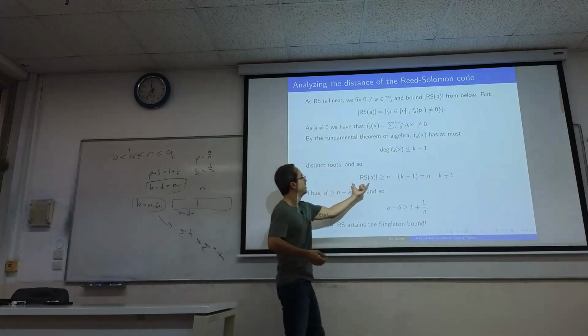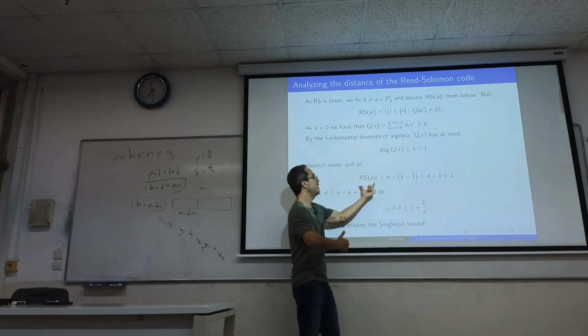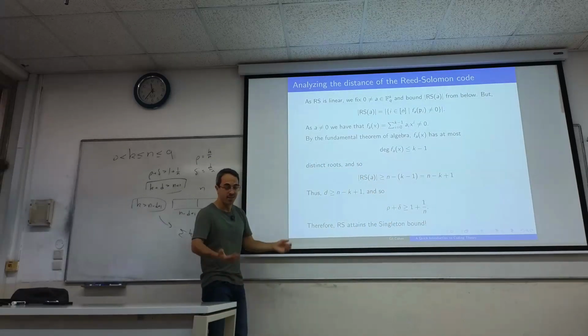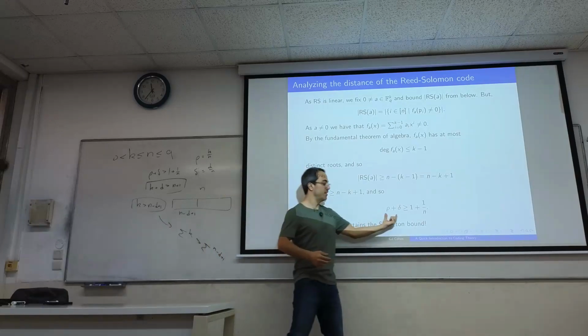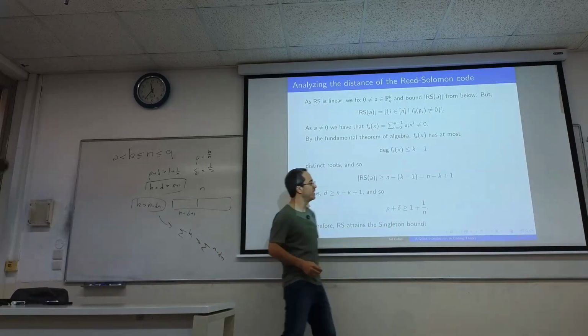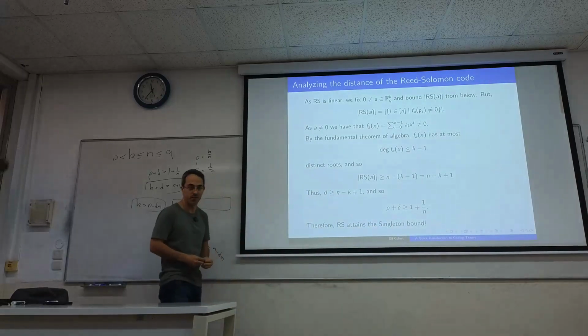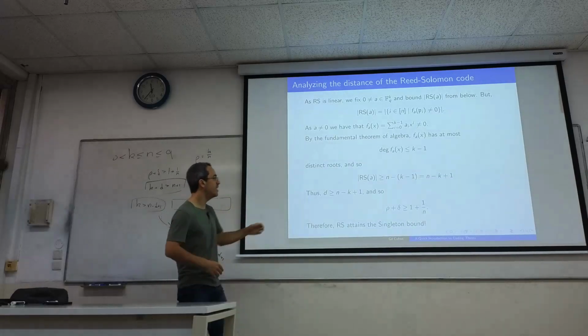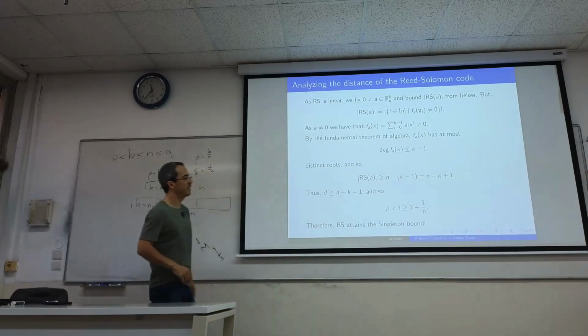So this quantity, regardless of A, is at least n minus k plus 1, and the rate is k over n. So when you add them up and divide by n, you get indeed that rho plus delta is at least 1 plus 1 over n, because k plus d is at least n plus 1.